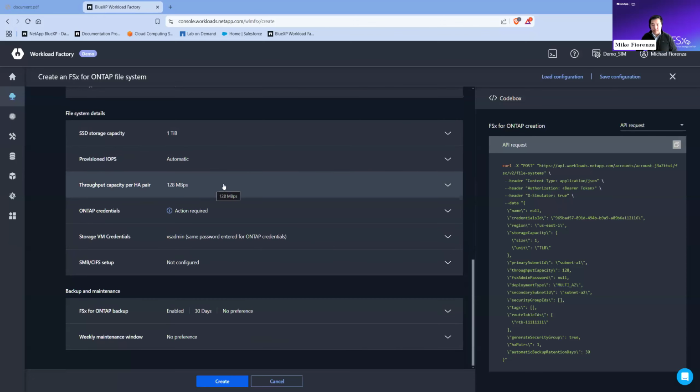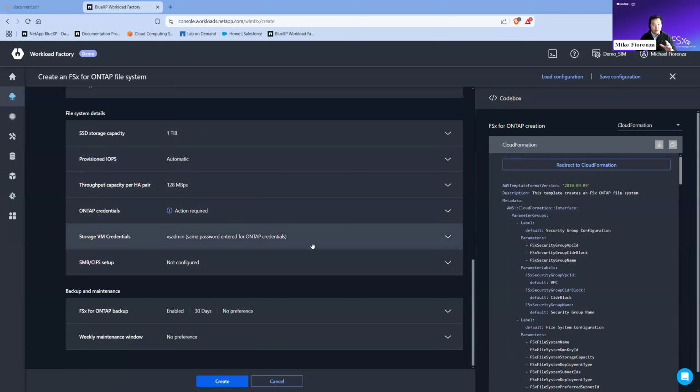You can even set your maintenance windows. As you make these changes, over here on the right-hand side, you're going to see we have this little code box. For those of you who are doing things programmatically with API requests through Terraform or CloudFormation, as you make those changes, this code box is going to adjust in real time.